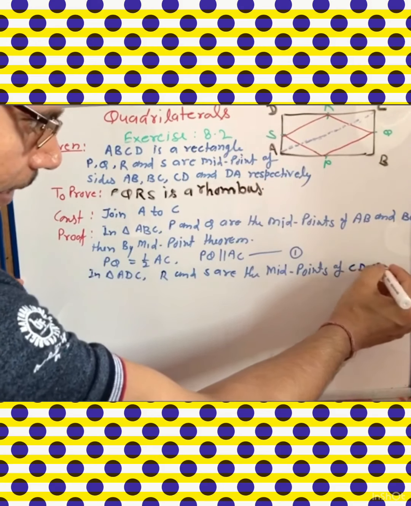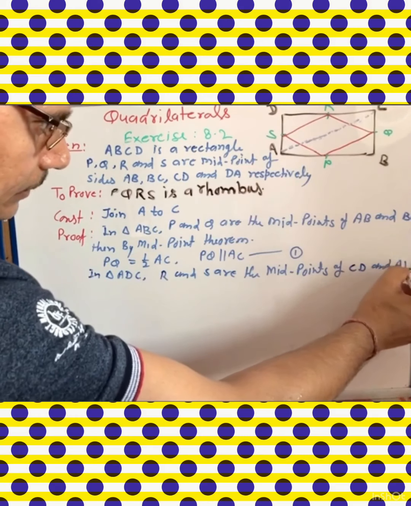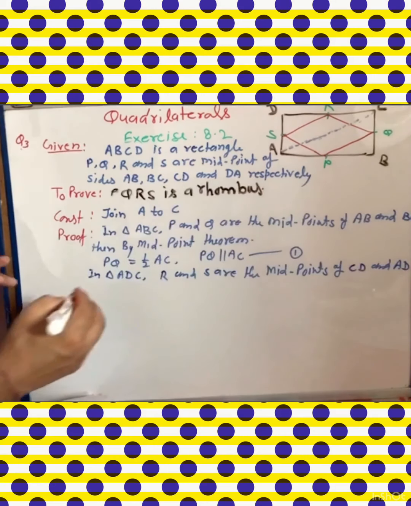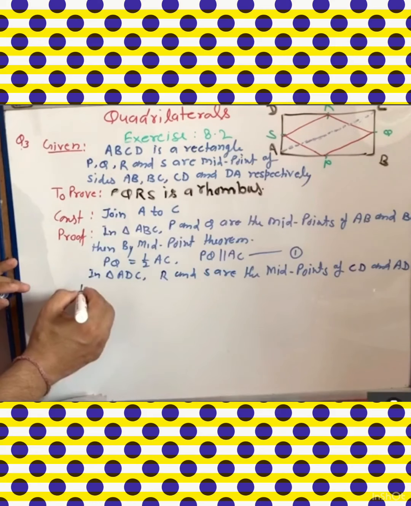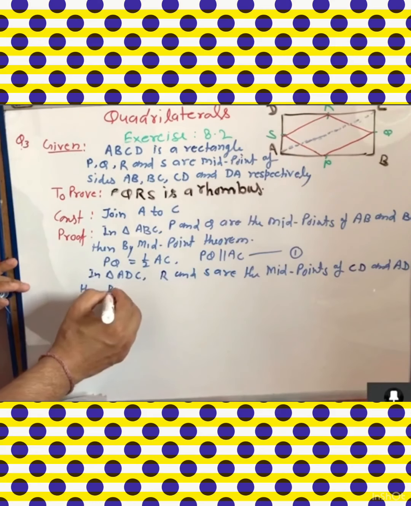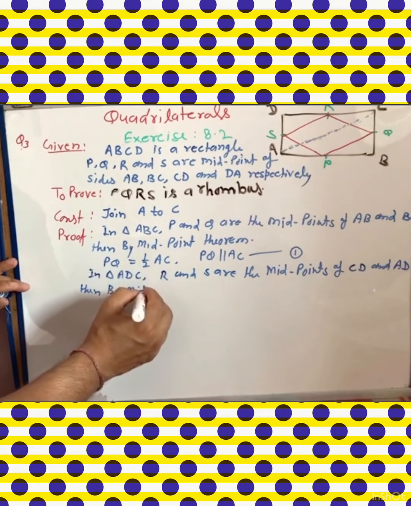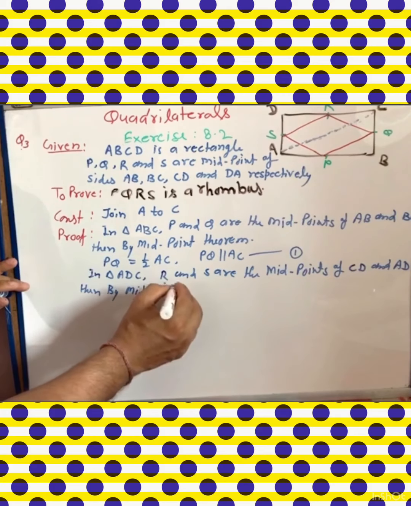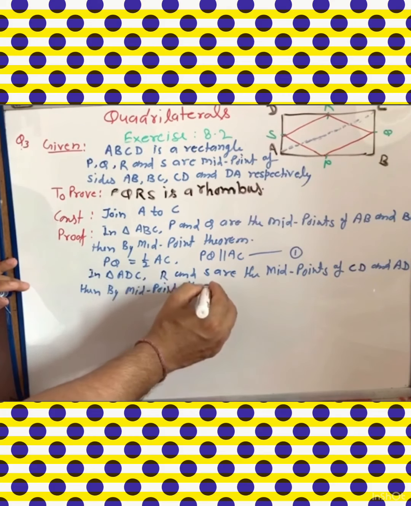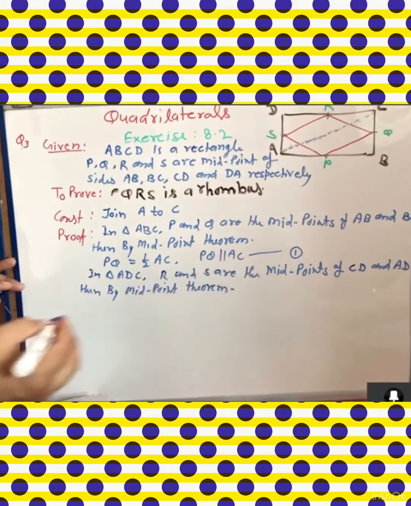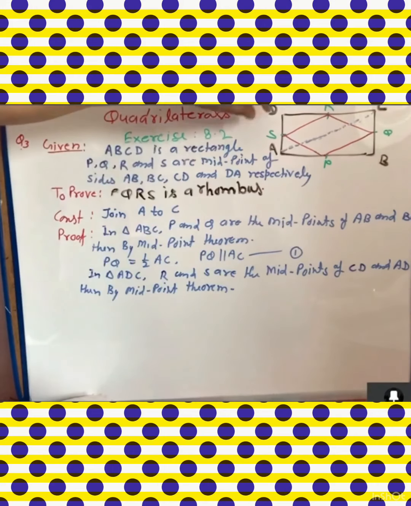Okay, so by midpoint theorem, what to say here? That is, SR is the line joining the midpoint.